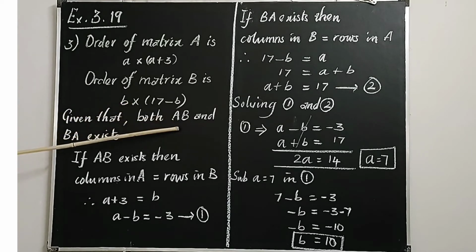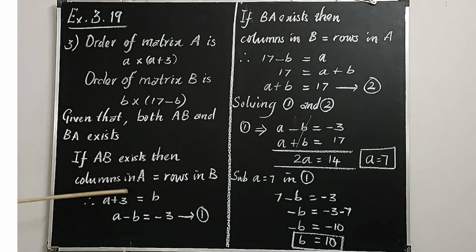Let us see, if AB exists, then columns in A is equal to rows in B. The condition for two matrices to be multiplied, you know it thoroughly, is that the columns in the first matrix should be equal to the rows in the second matrix. Using that condition, if AB exists, then columns in A should be equal to rows in B. Equate that. What is columns in A?